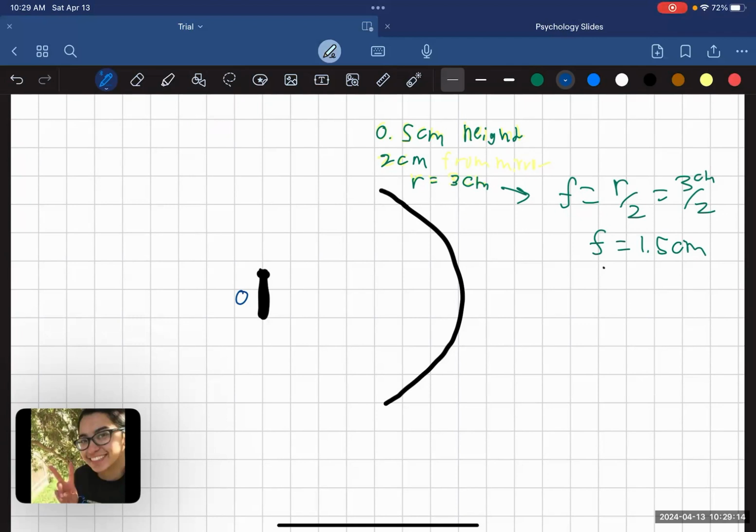Okay. From here, we're probably gonna need this equation as well. Our focal point: 1 over f is equal to 1 over d naught plus 1 over d initial.